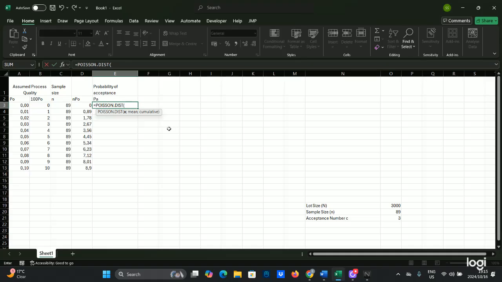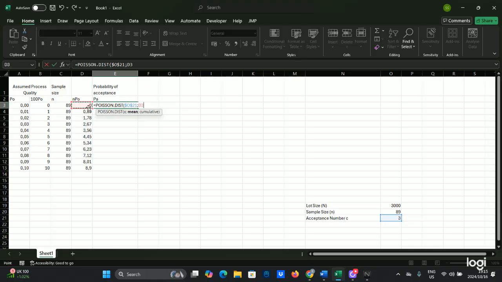So coming back here, our x is given by our acceptance number, which is 3. When I select this 3, since our acceptance number is 3, it's going to be consistent throughout these different expected defectives of products. So I have to freeze this, and then I put in my mean, which is my NPO value here.